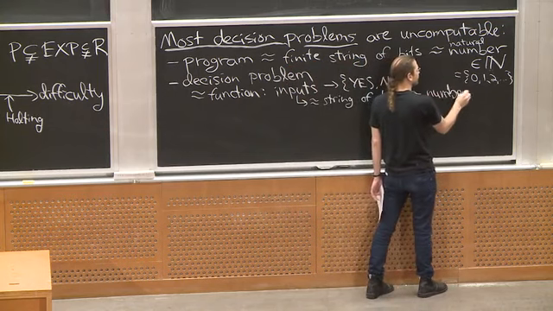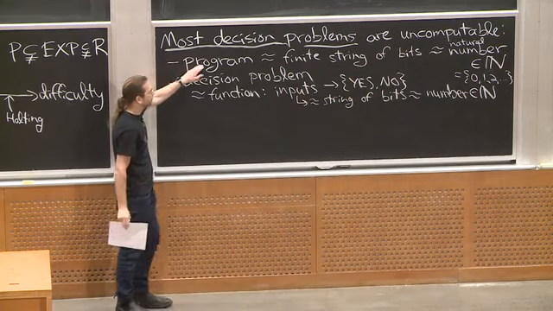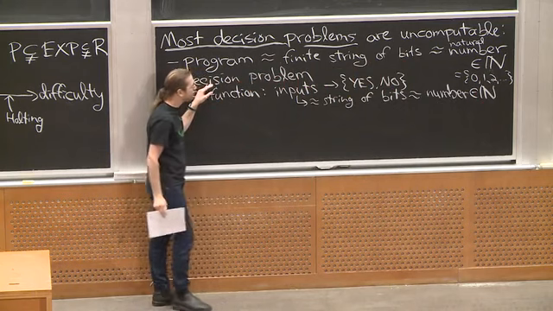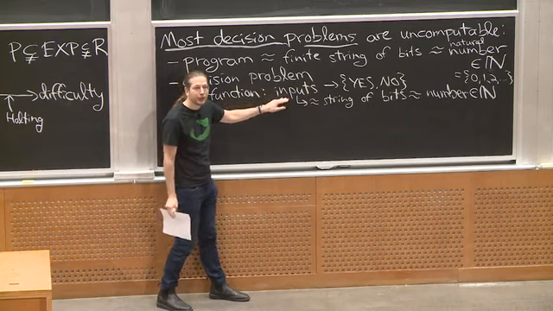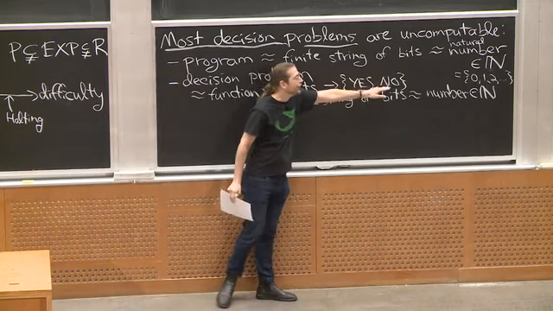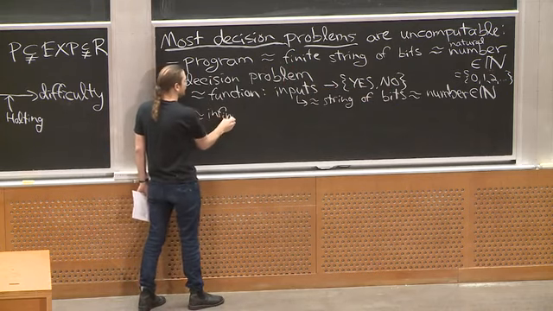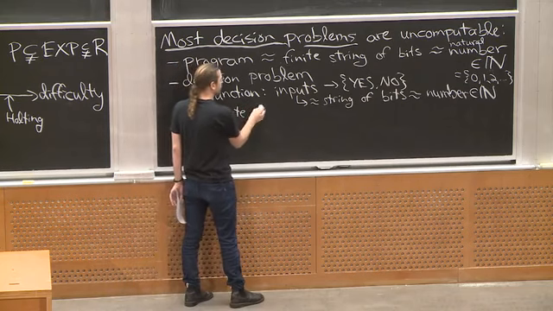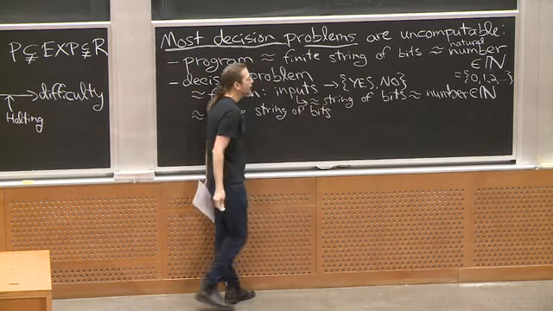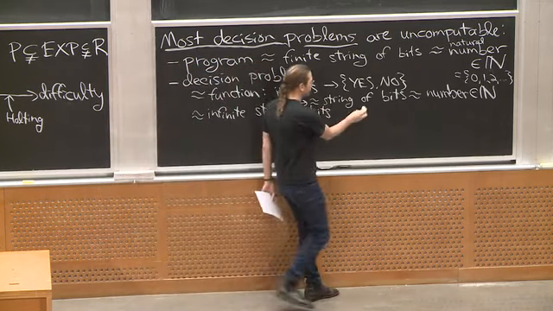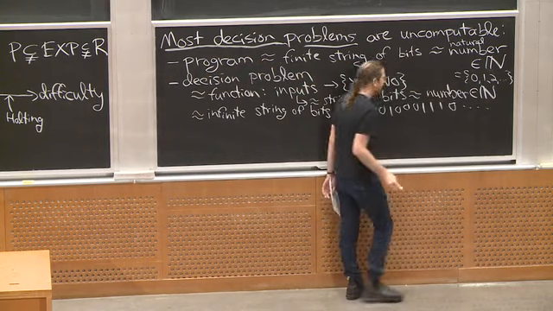So here we can start to tie things together. A program is a finite string of bits, and a problem is in some sense an infinite string of bits, because there are infinitely many possible inputs, and for each of them we specify yes or no. So we can imagine 0, 1, 1, 0, 1, 0, 0, 0, 1, 1, 1, 0, infinitely.